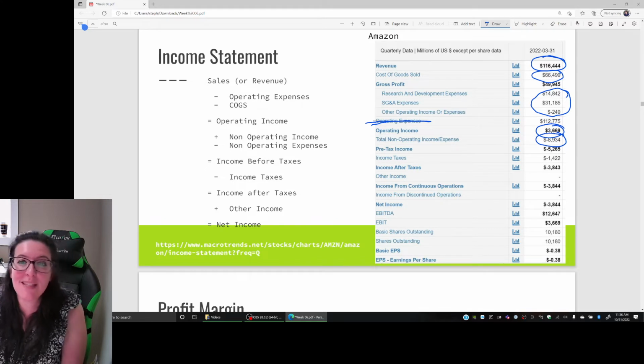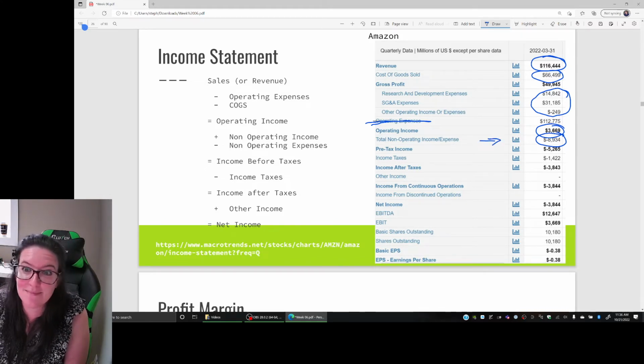So if I was investing in Amazon, I'd be like, hey, wait, what is this? Are we paying for a lot of lawsuits? Or is this simply rearranging our production process, changing where we are doing things and changing locations type things? You'll notice for Amazon, the income before tax is a negative $5.3 billion.